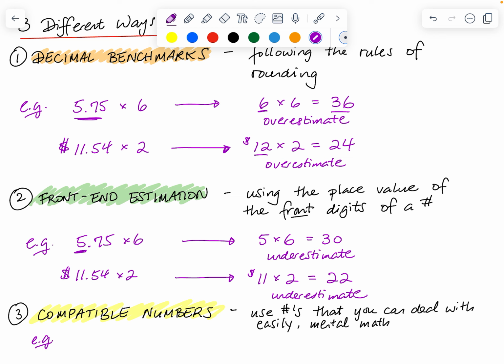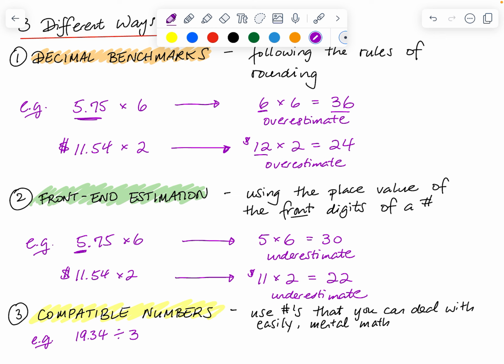So here's an example. Okay, so say we have 19 and 34/100ths divided by 3. Now, if you were to use decimal benchmarks for this and you were to follow the rules of rounding, you would do 19 divided by 3, which again isn't the easiest thing to calculate in your head. 19 is not divisible by 3, so you're still dealing with decimals.